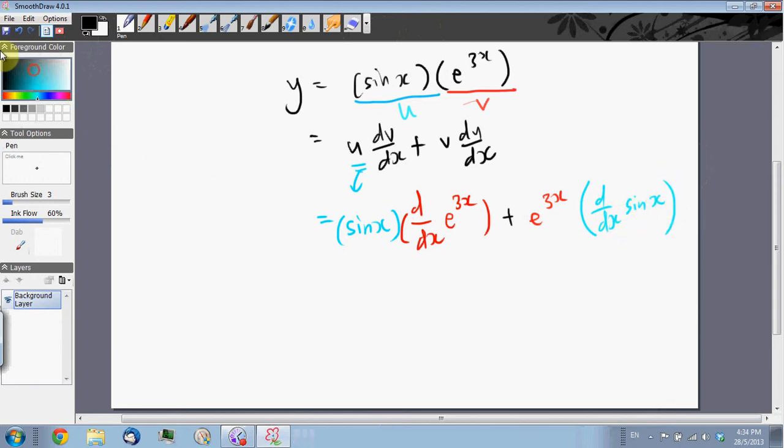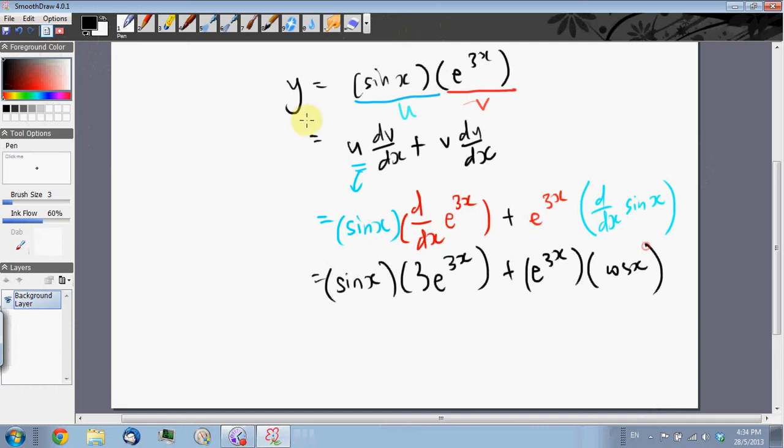So the answer is sine x times 3e to the power of 3x, plus e to the power of 3x times cosine x. It looks complicated, but it's not. So dy/dx is just like that.